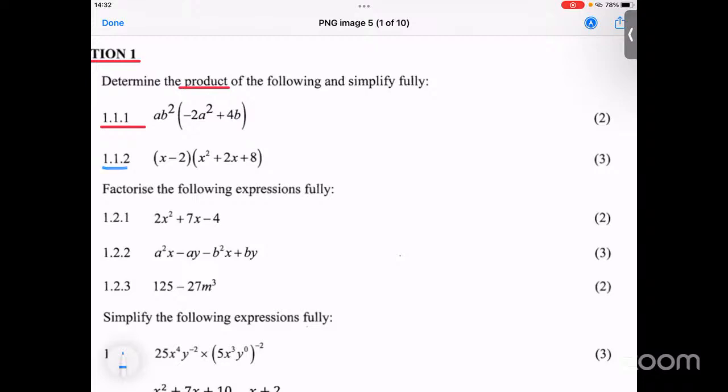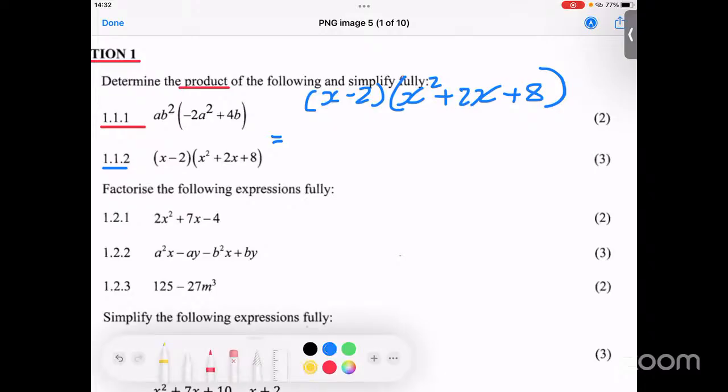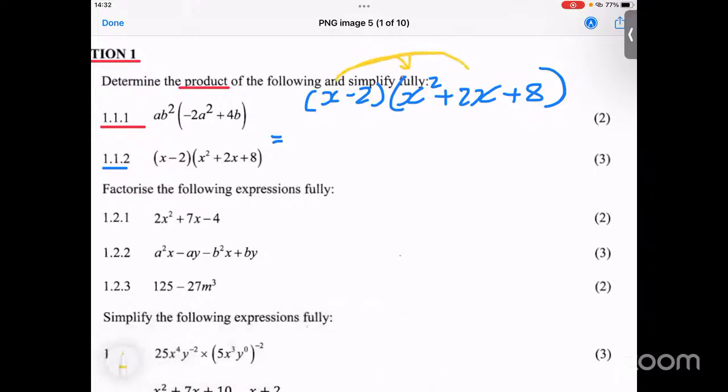So now let's jump onto that second. Okay, this is what we are having there, which is, rewrite it as x minus 2, and then you are having x squared plus 2x, added to 8. So remember, when we talk about the product, you do that by that, that by that, that by that.